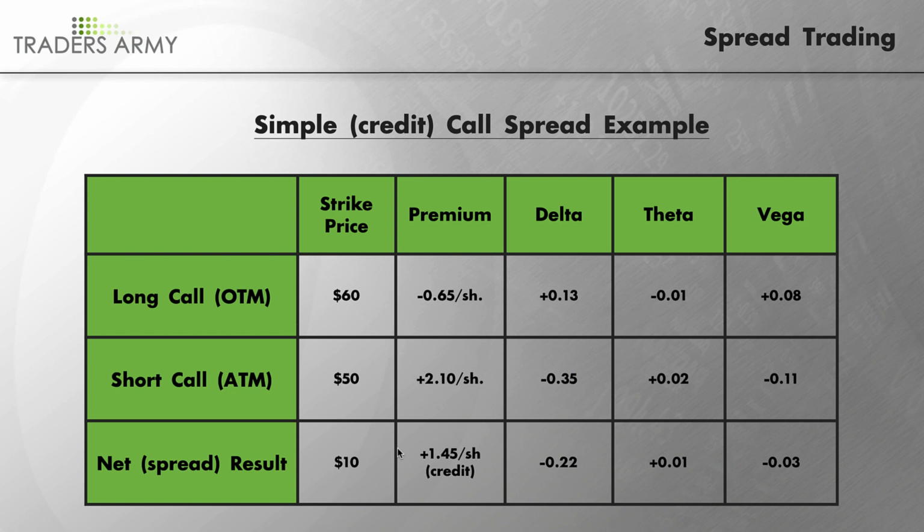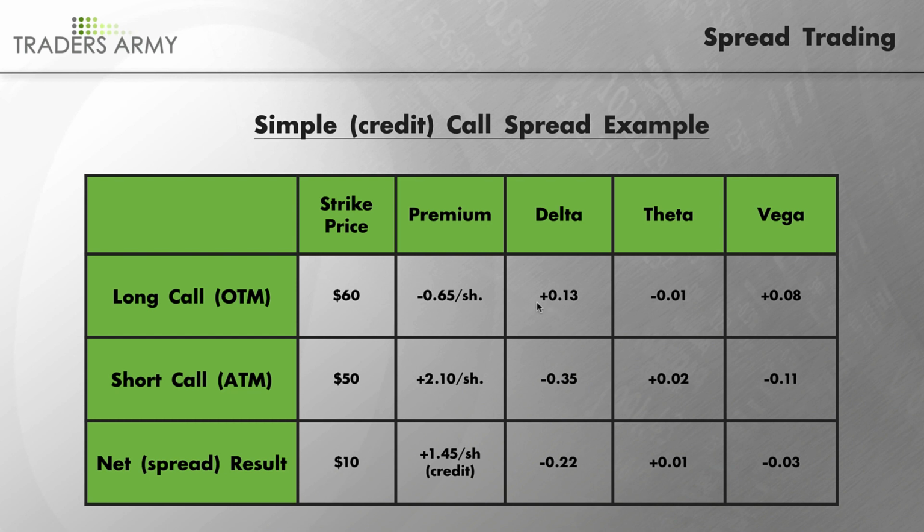Now, let's take a look at our net position value. When you consider the long call delta, theta, and vega, and the short call delta, theta, and vega, we come up with a net spread result. So the spread is still $10 wide. We're receiving $1.45 per share credit, and we have a net negative delta position because we carry negative 35 deltas on our short calls and positive 13 deltas on our long calls.